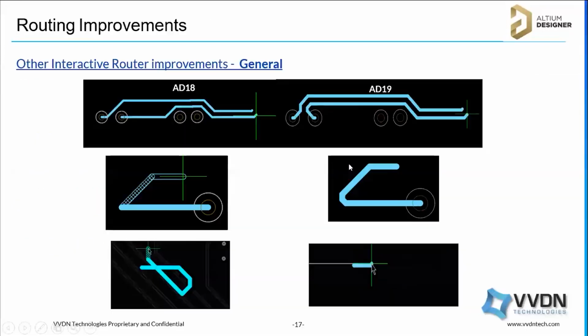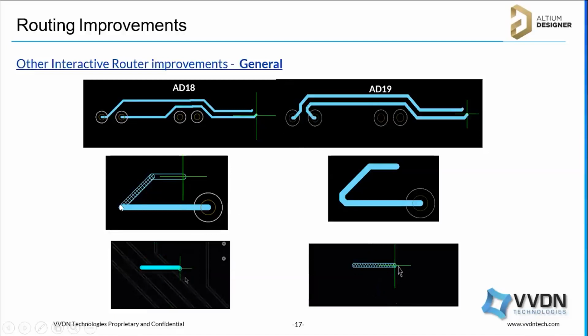Is it loading? Yeah. So in AD18, if you route the differential pair, it will be like this. We have to do a number of clicks to complete the routing. But in AD19 and 20, there are a lot of improvements. If it is a differential pair, it will follow the pad entry and take care of the differential pair routing as well, including the pad edge.